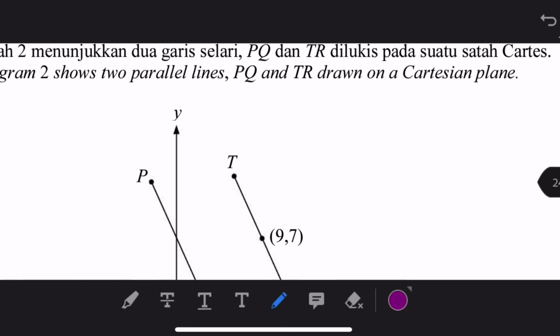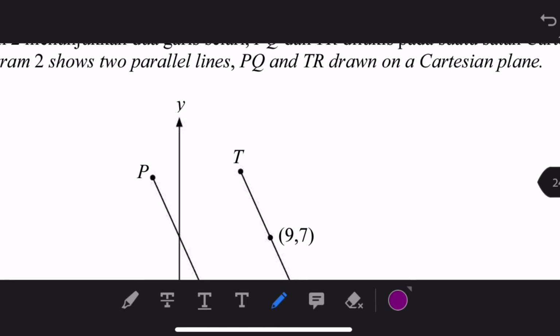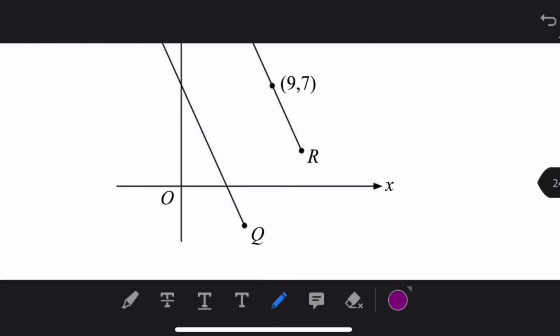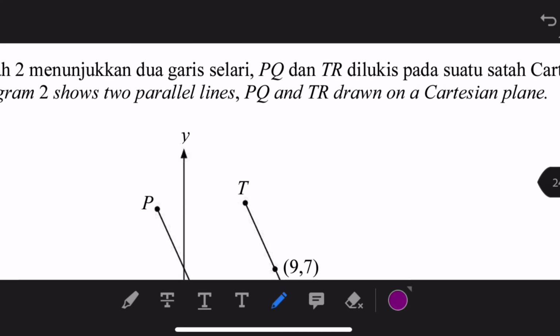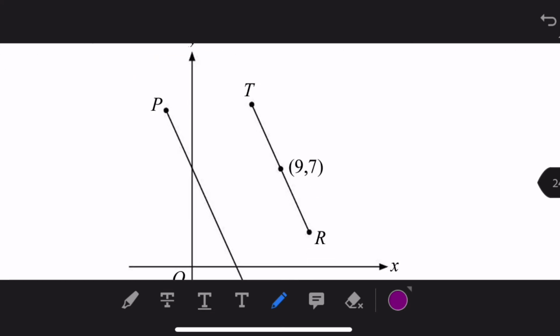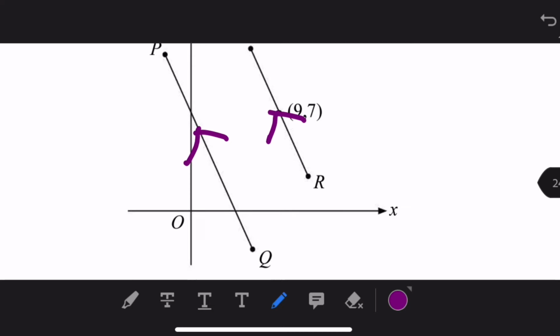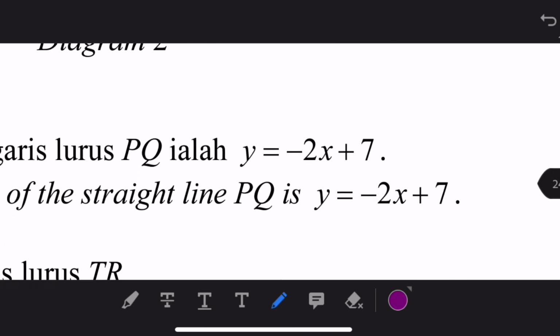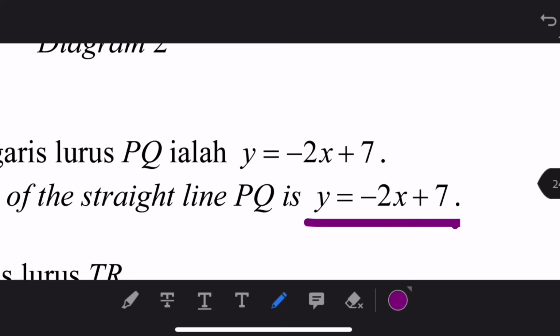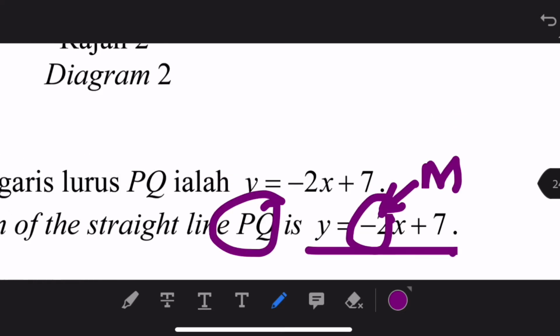This is actually two parallel lines, PQ and TR, drawn on a Cartesian plane. And these two lines for sure are parallel lines, so that means they have the same gradient. So the gradient can be obtained by reading from the equation. For equation PQ, the m is actually the number in front of the x.